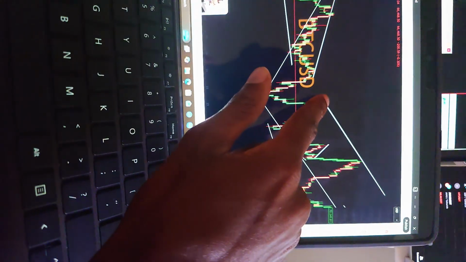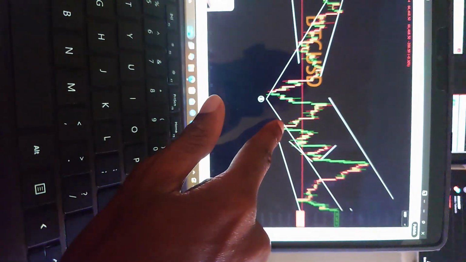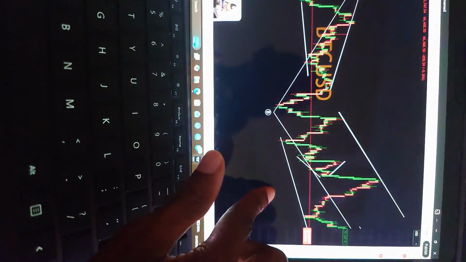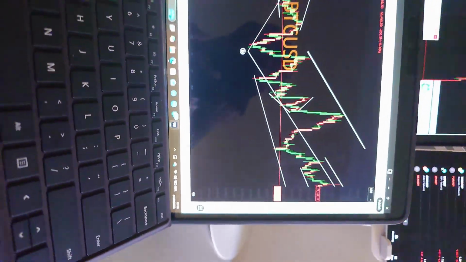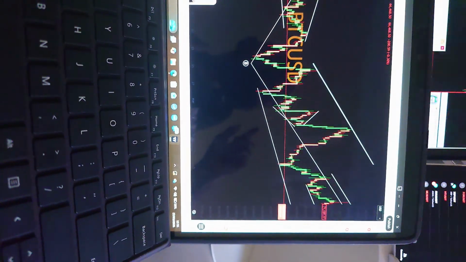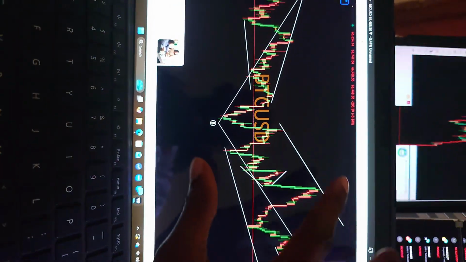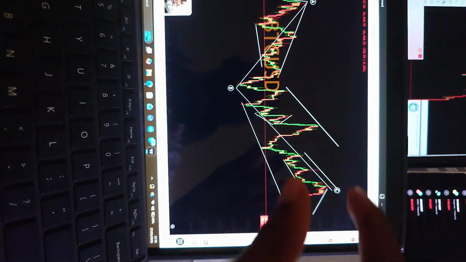And when it reached right here, we got this move that came back to the downside. I told my traders to hold on to that trade because chances were high that this thing is going to go to the upside. But before it even proceeded to the upside, I told them we are likely going to be creating an ending diagonal to come, which is going to qualify this entire structure to become an ABC structure with wave C coming as an ending diagonal.